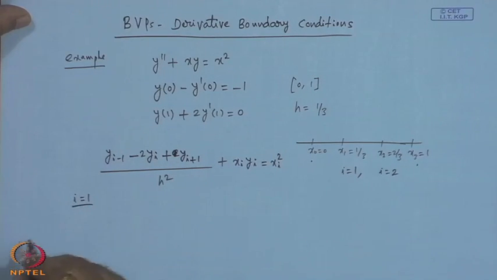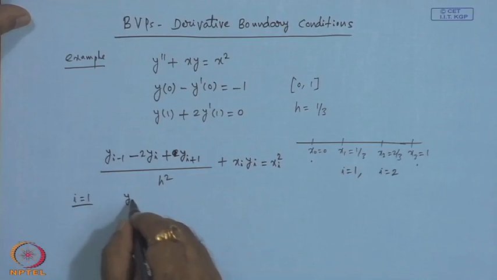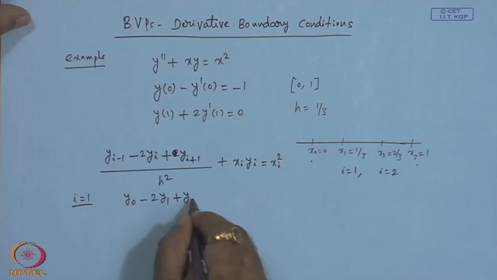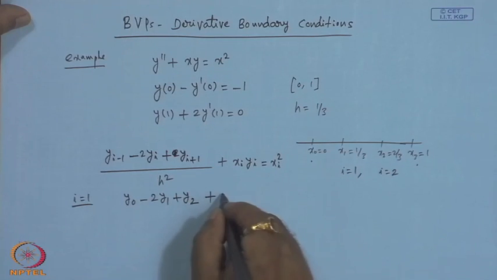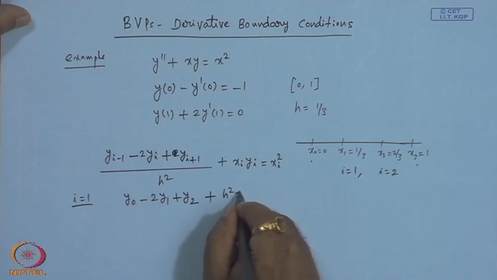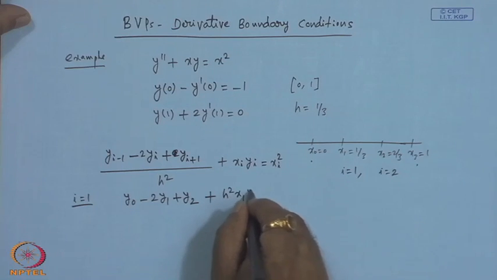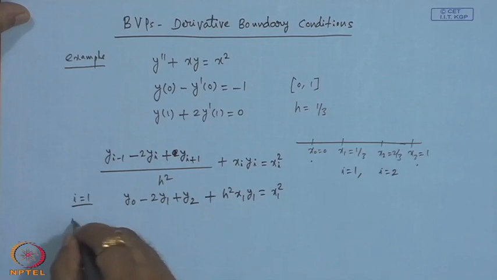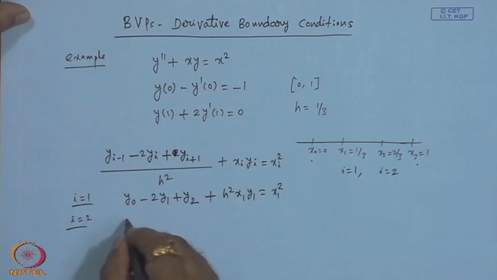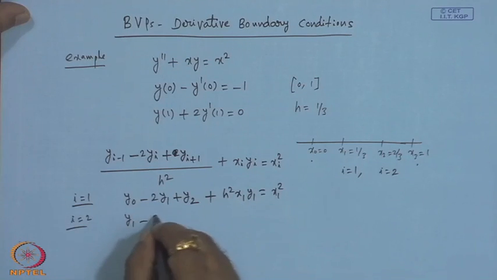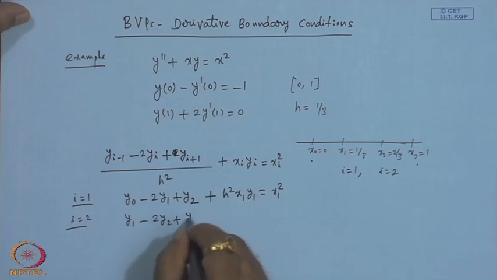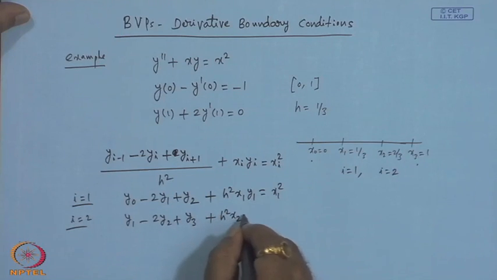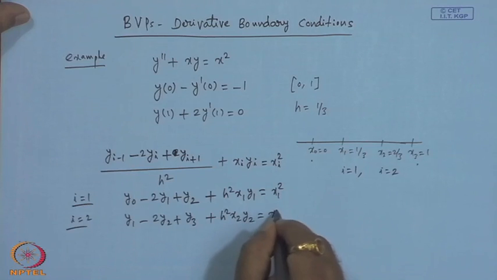If we run for i equals 1, then we get y 0, y 1, y 2 plus h square x 1 y 1. Then suppose we run for i equals 2, we get y 1.